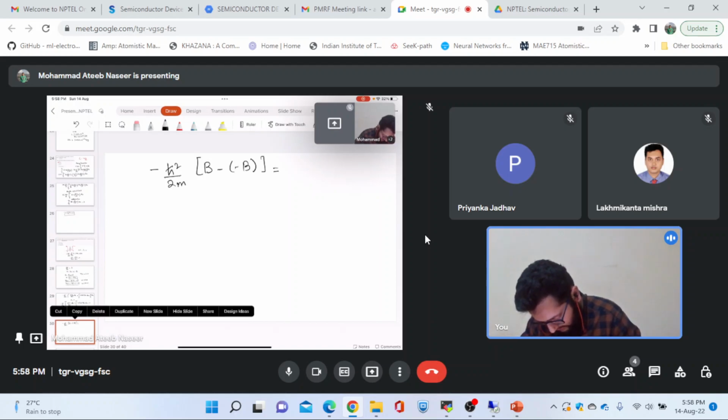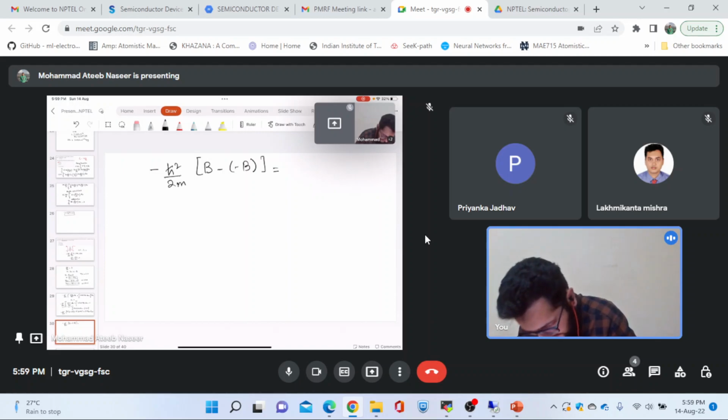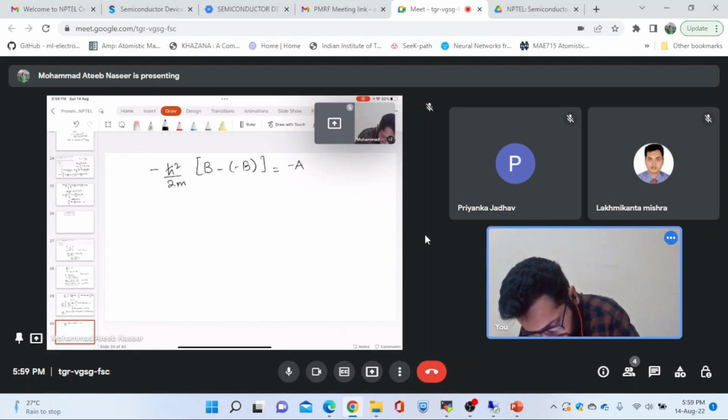It will be equal to minus a, and in this c, I will put x equal to 0, it will be minus b a.